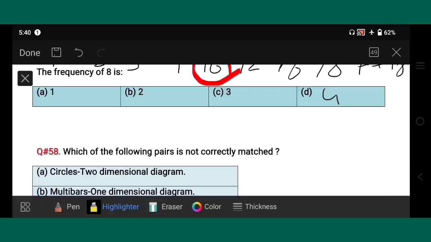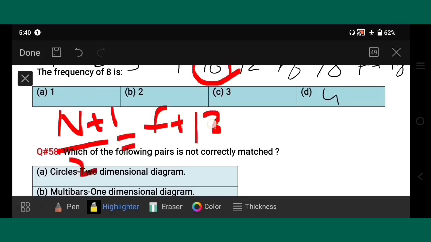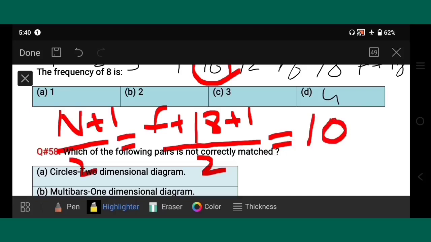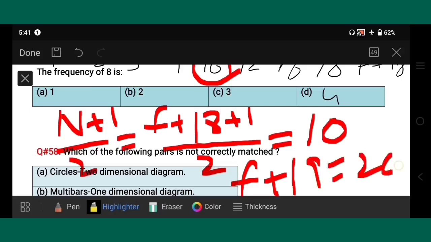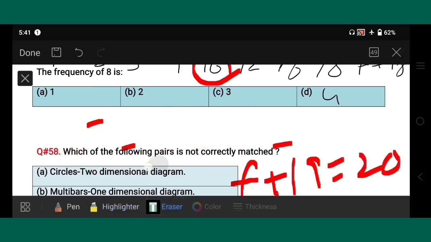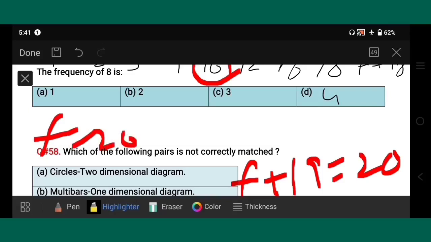This means (n plus 1) divided by 2. So here n is F plus 18, plus 1, divided by 2, and this will correspond to the cumulative frequency against the median. So it gives F plus 19 equals 20. So F is equal to 20 minus 19, which is equal to 1. So our correct option is 1.